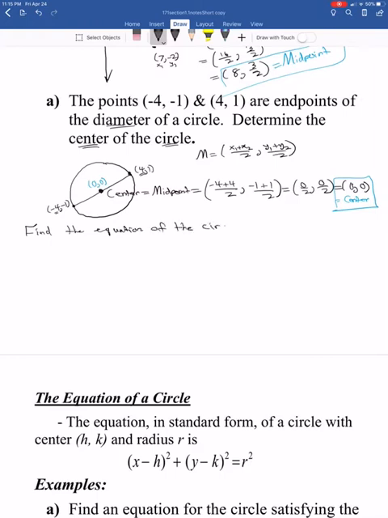Now, our equation, the standard form for a circle. The standard form of a circle equation has two variables, x and y, and they're both squared terms.